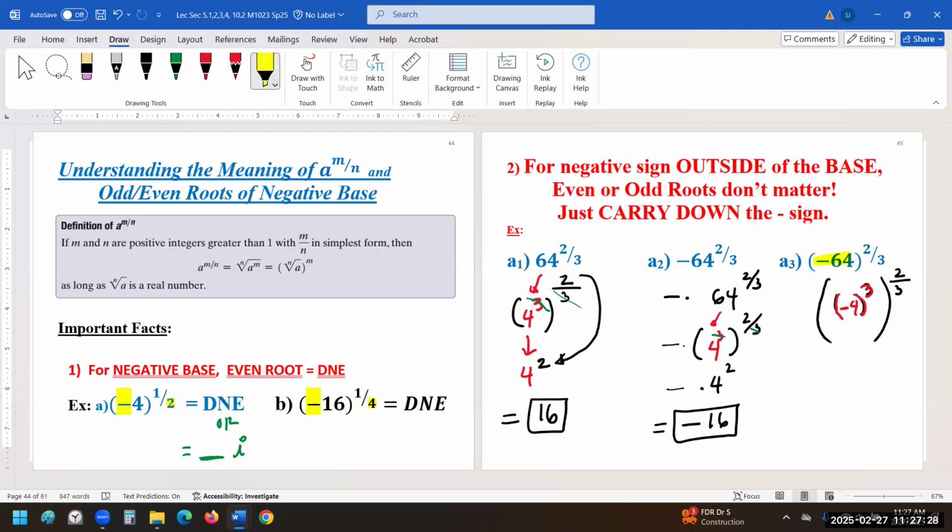So your negative 64 is negative 4, whole thing cubed. We still cancel out our 3, and this time we have negative 4 on the base. And outside we have the square power.